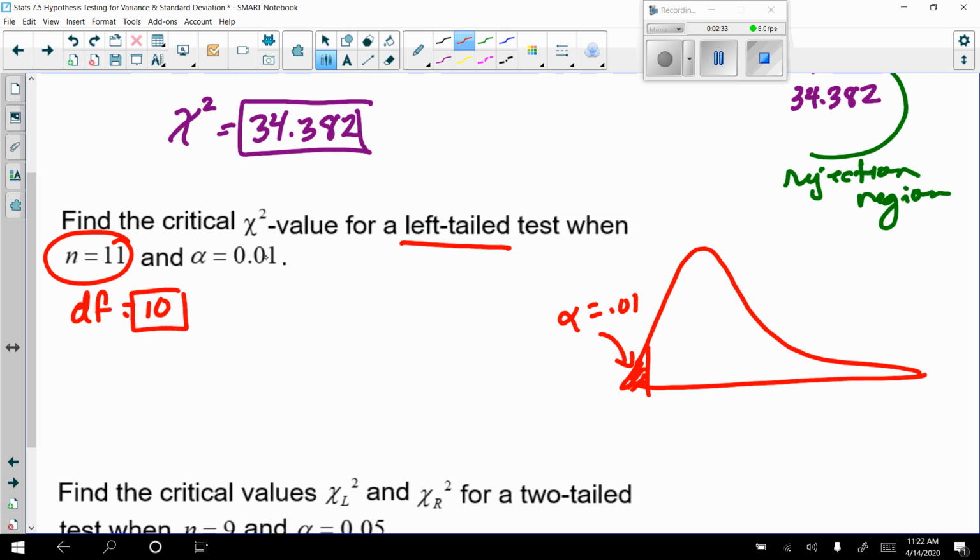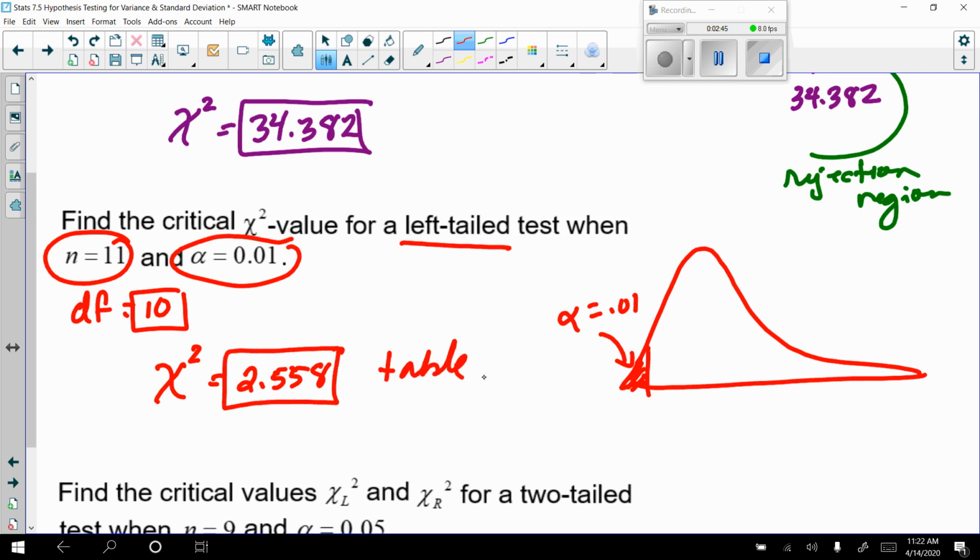So using 10 and an alpha of 0.01, we can get our chi-square value of 2.558. Again, that's from the table. That means any number that is less than 2.558 will allow a rejection of the null hypothesis.